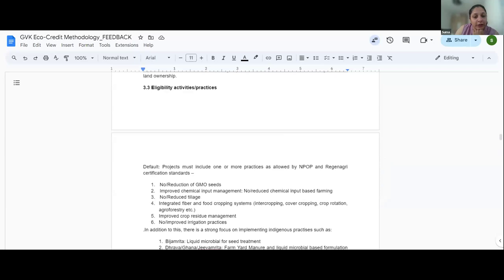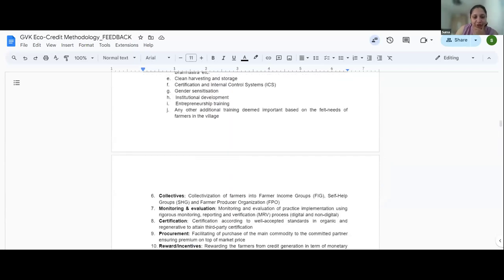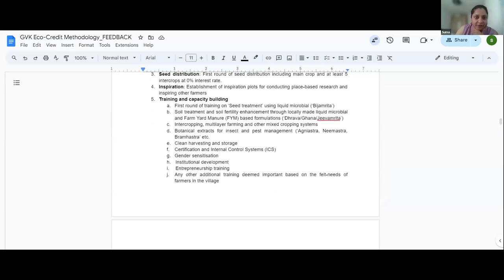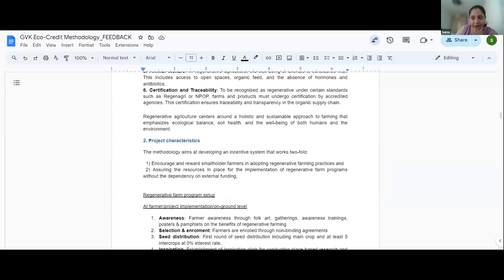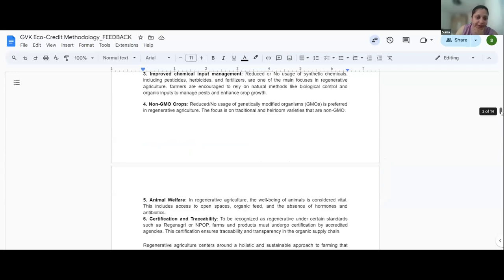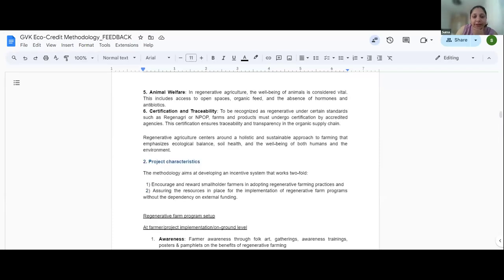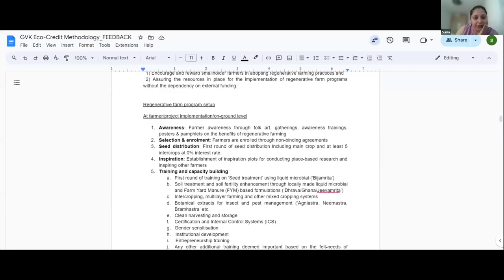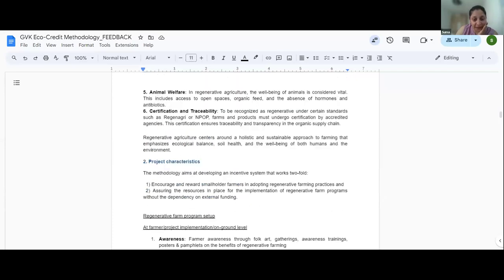Cool. So as I mentioned very briefly, the context of this methodology is basically to incentivize the farmers who are adopting the regenerative practices with GVK in India.